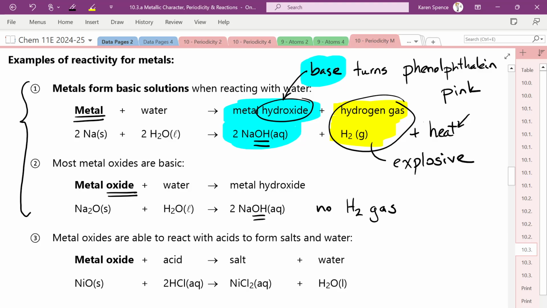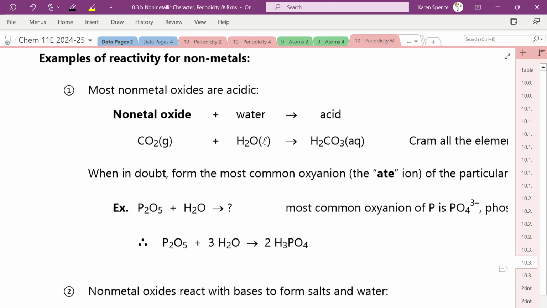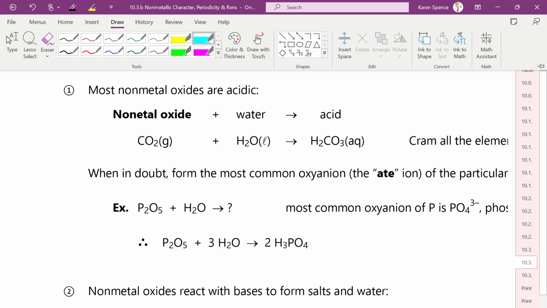Metals form basic solutions when you mix them with water. Metal oxides also form basic solutions when you mix them with water. What do you think non-metal oxides do when you mix them with water? Non-metal oxides don't produce base, they produce acid.